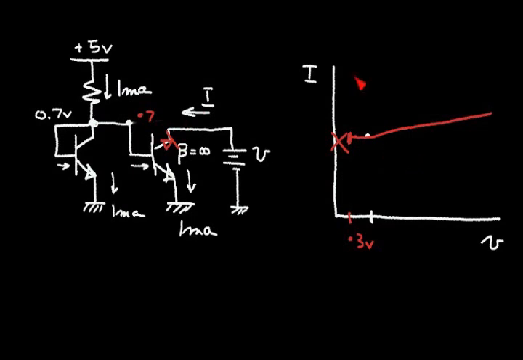But let's make a change to the circuit, and we'll see if we can improve it a little bit. Let me erase some things here. Clean this up a little bit.